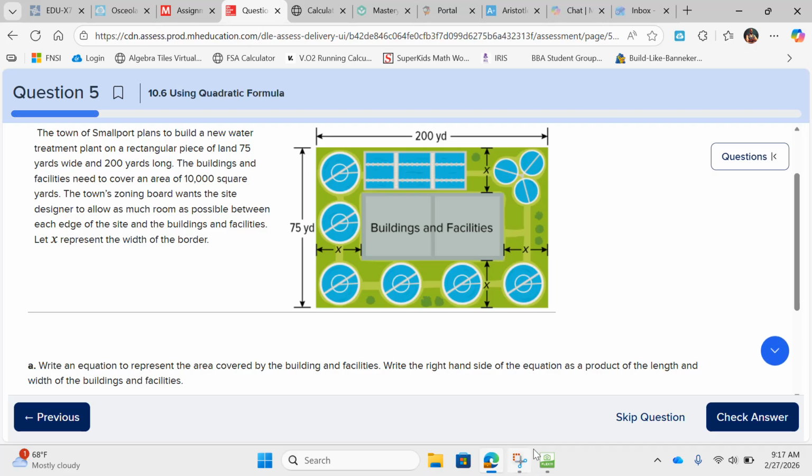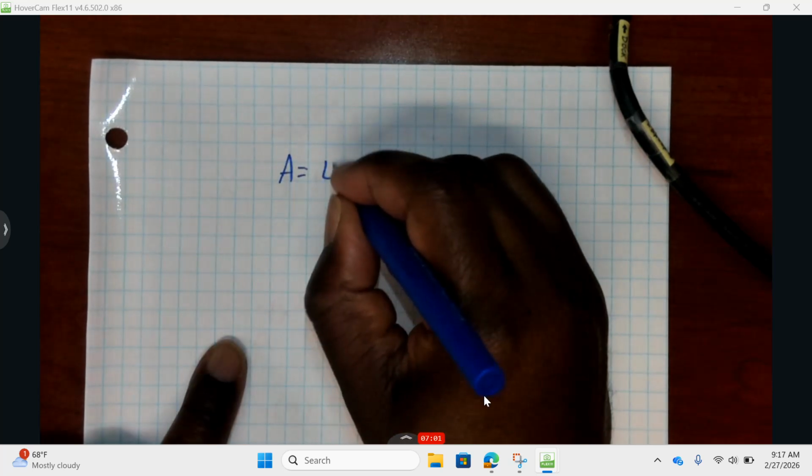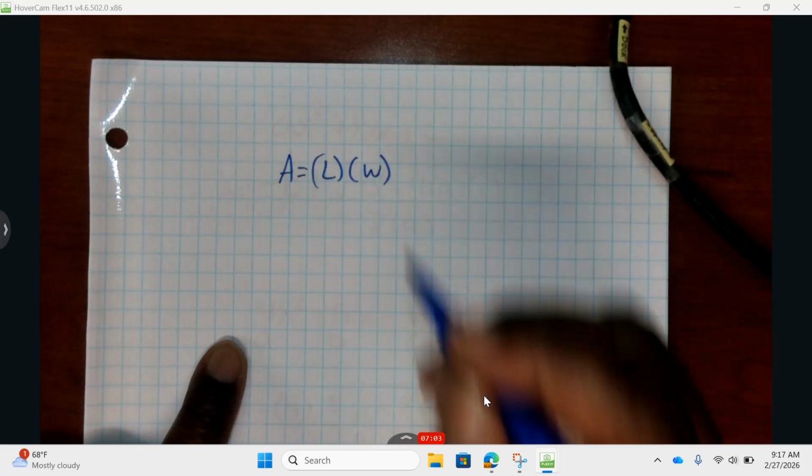All right, so what I'm going to say is that, remember, we have area equals length times width.